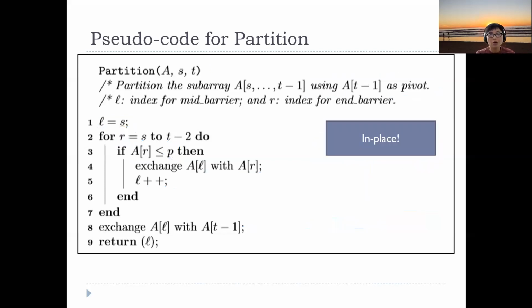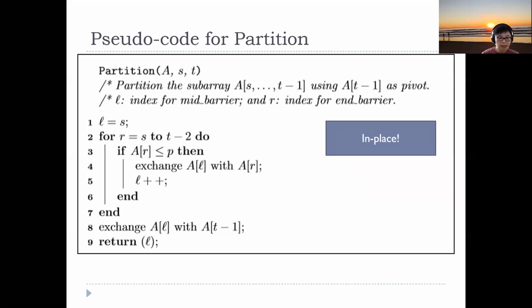All right, so this, as I said, is an in-place algorithm because you see, we are just swapping some numbers within the same array. We never need to allocate more than constant memory slots other than the array itself, okay?